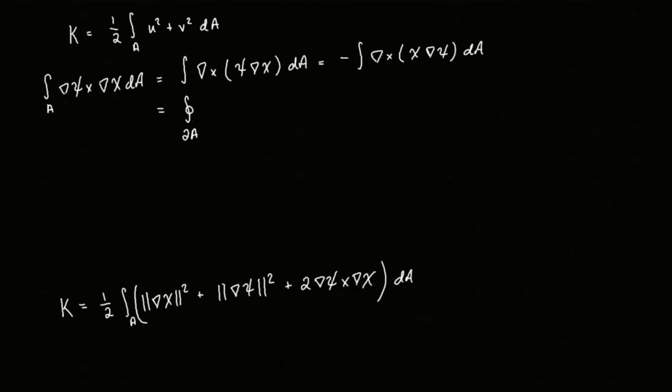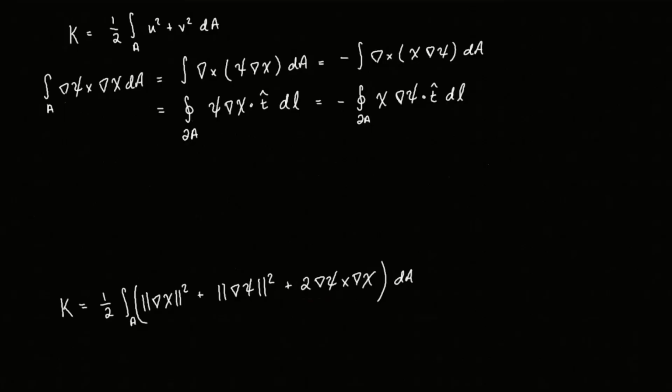Notice the closed loop there. And this becomes psi grad chi dotted with tangent dl, or we can write this as boundary integral chi grad psi dot t hat dl. No matter what I do, these two integrals are equivalent to each other.